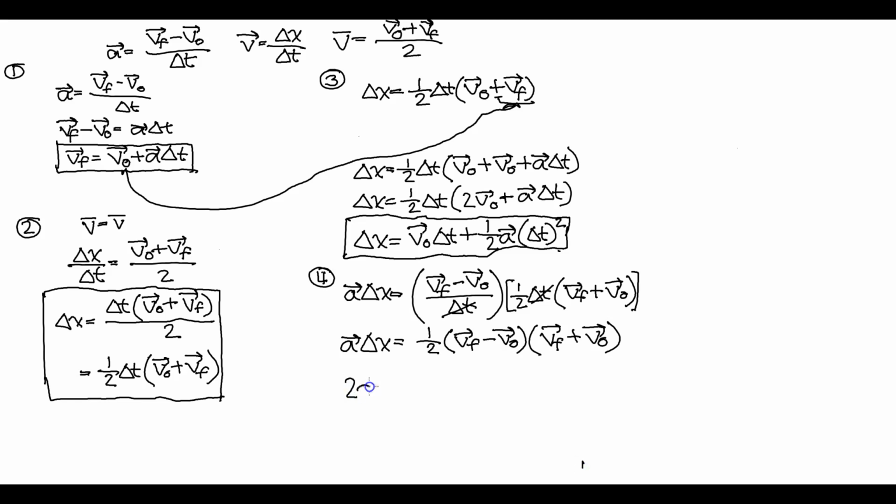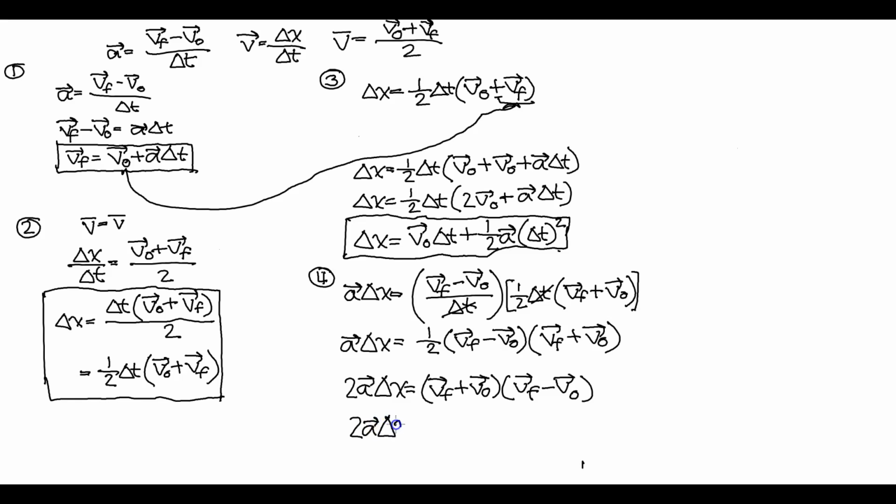We multiply each side by 2 to get rid of the 1/2. So I have 2a delta x equals vf plus vo times vf minus vo. I just switched the order. Now if you remember from algebra class, this should be familiar.